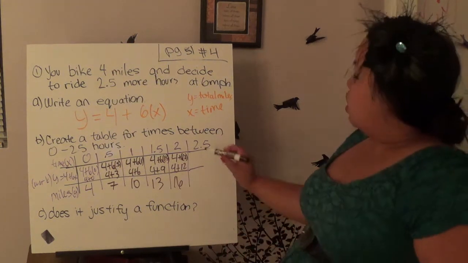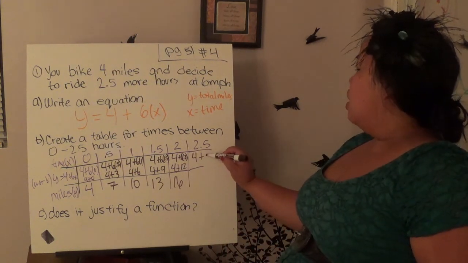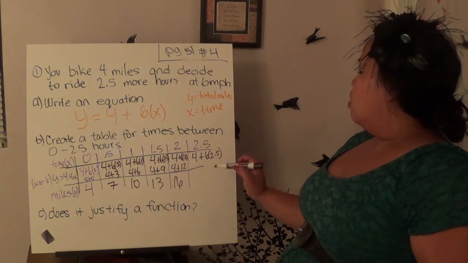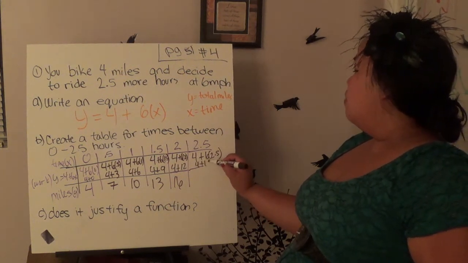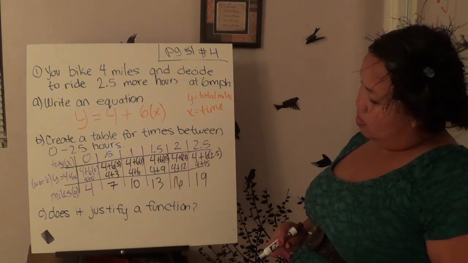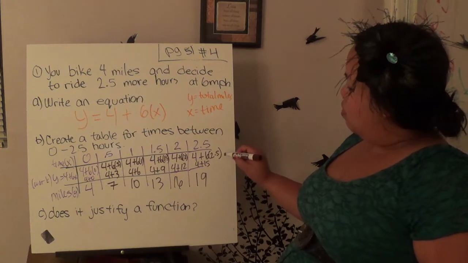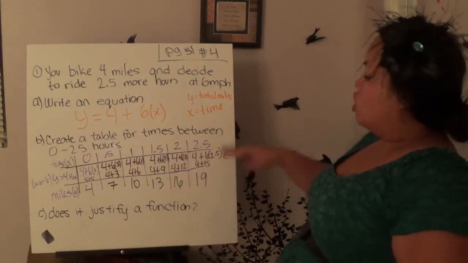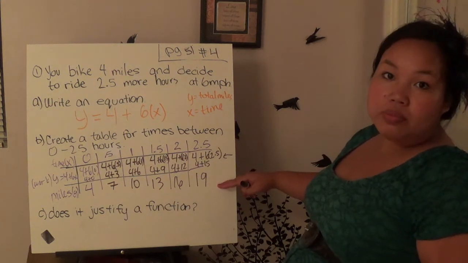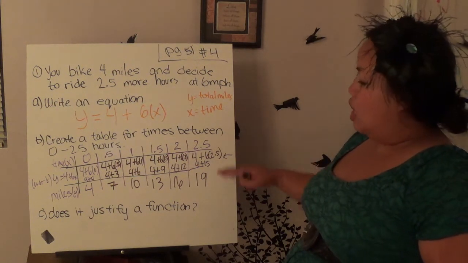And my last one is 4 plus 6 times 2.5, so 4 plus 15, which would give me 19. Again, you see how it just shows all the work so that I can see. And this is my input, and this is my output. All right, my x and my y.